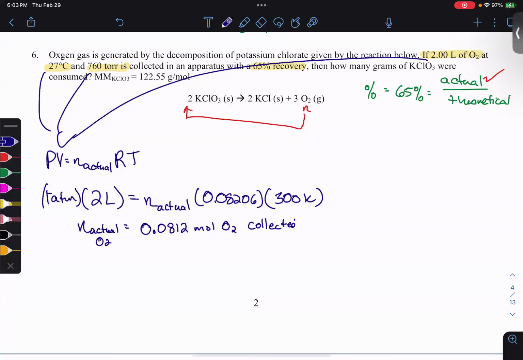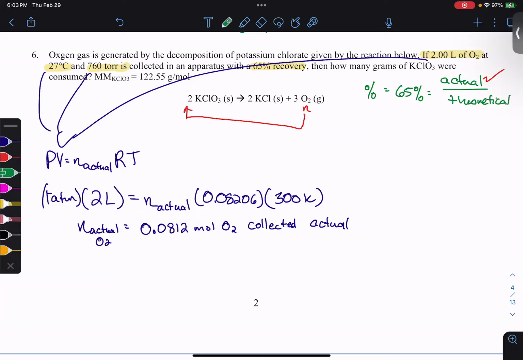And you told me this was your actual. So if we stoichiometry this number, we will get the actual amount of potassium chlorate that reacted. We want the theoretical amount. How much did we actually put into this reaction, given that 65% recovery?